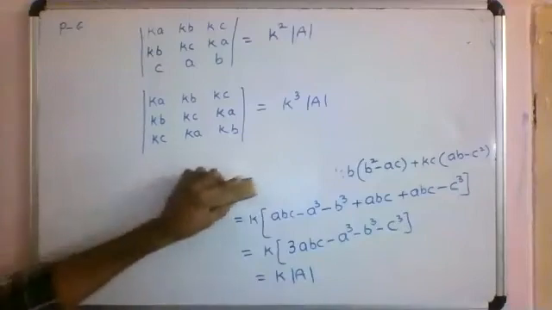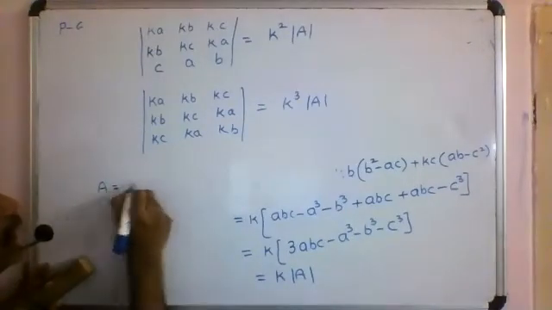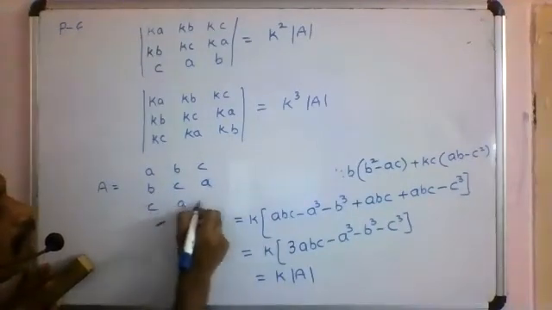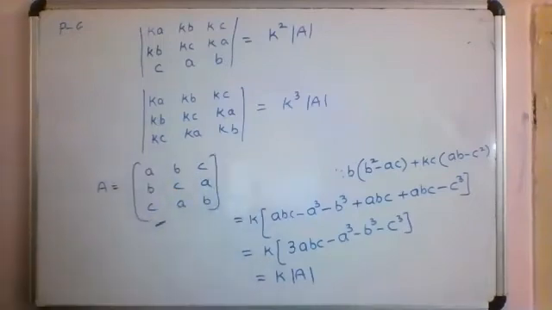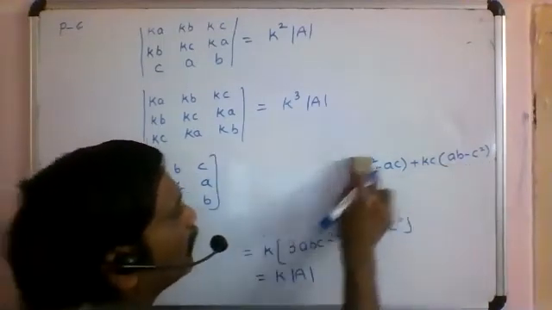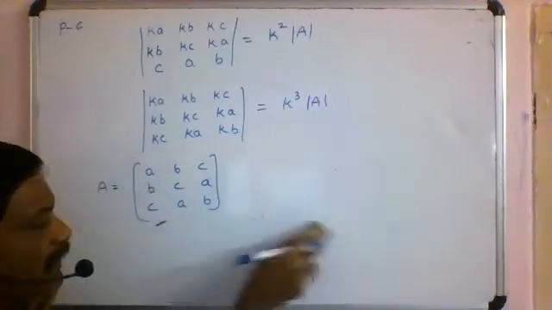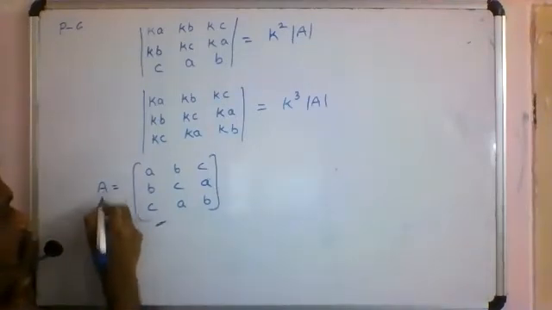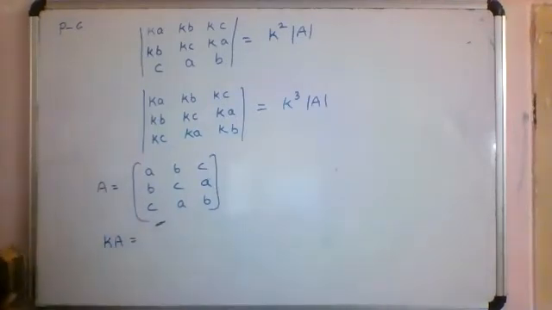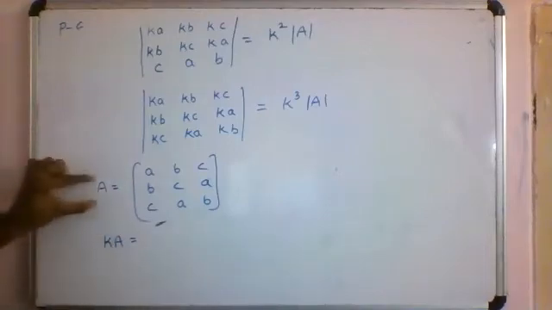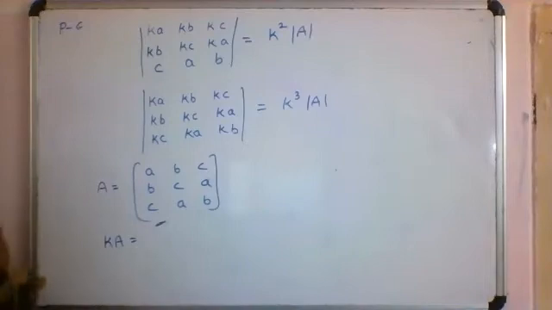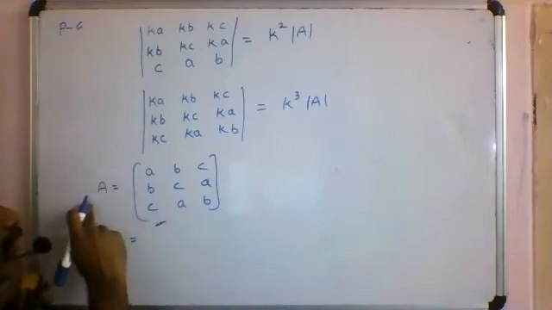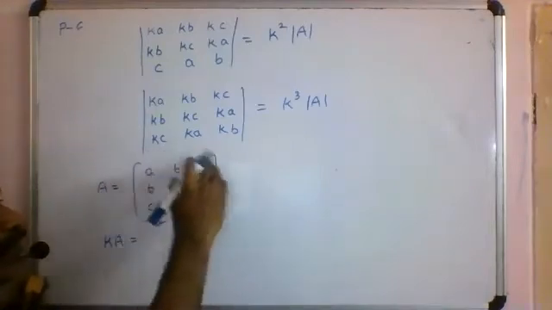But see, I initially wrote A as ABC, BCA, CAB. This is our original square matrix. If I apply determinant on both sides, we get det A. Now I multiplied with K on both sides. This is matrix KA. In the case of matrices, if I multiply by a scalar to a matrix, that K will go to each and every element.